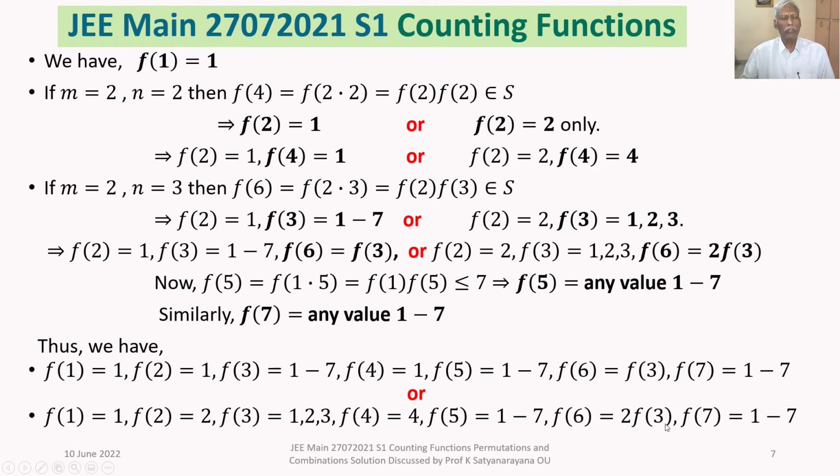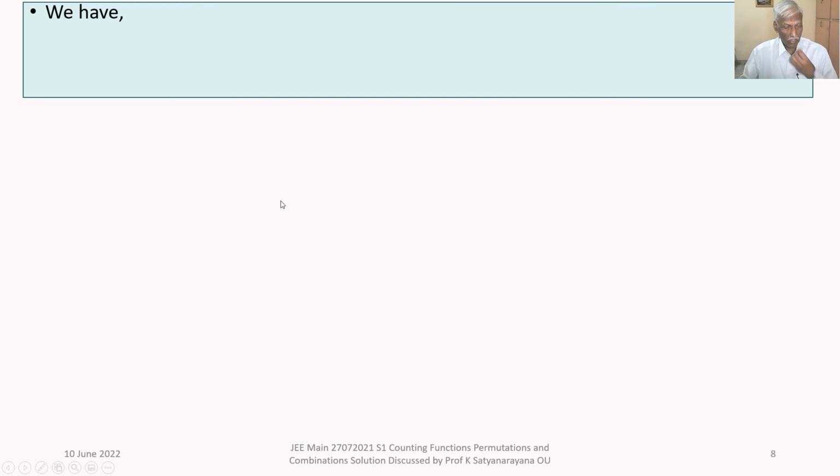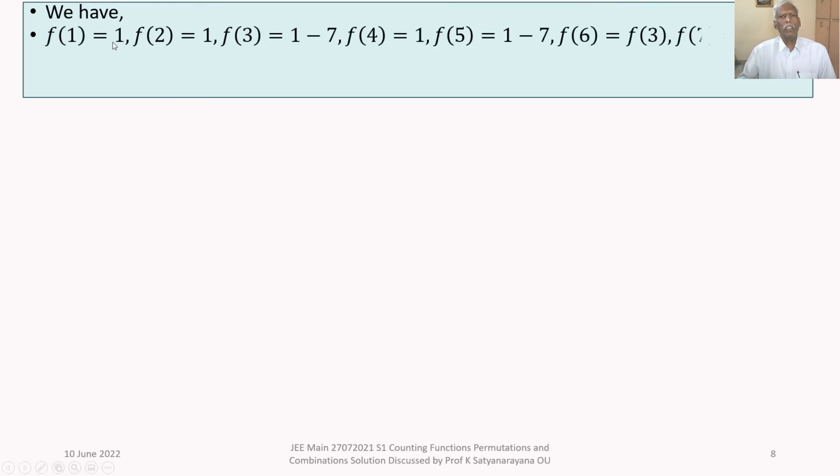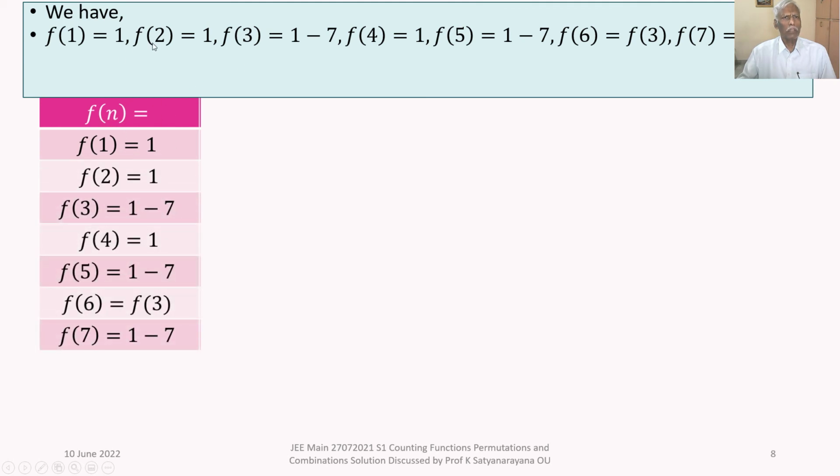So let's now summarize this in the next slide. We have f of 1 is 1. All those values of the first branch that I have written, I will tabulate. So f of 1 is 1, f of 2 is 1, f of 3 is 1 to 7, f of 4 is 1, f of 5 is 1 to 7, f of 6 is f of 3, f of 7 is 1 to 7.